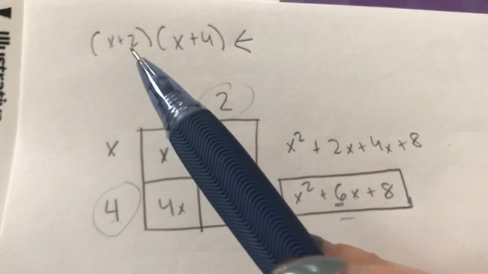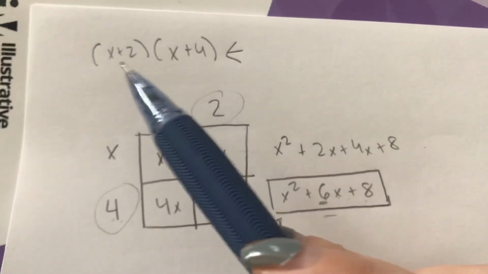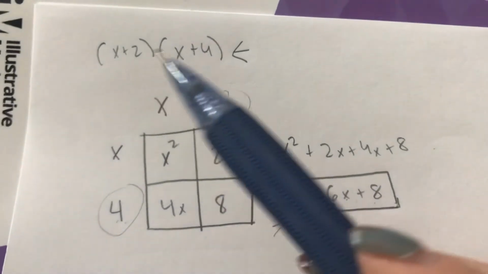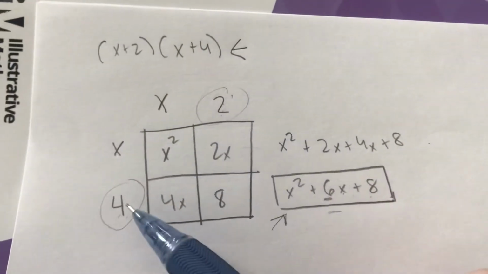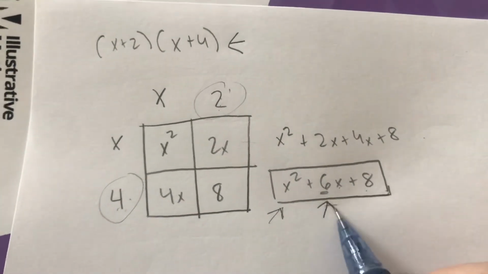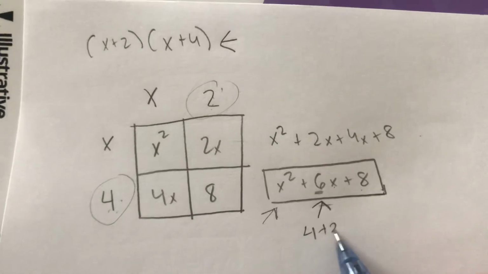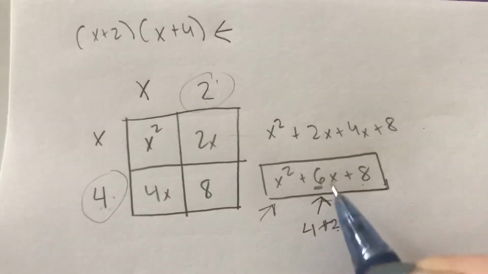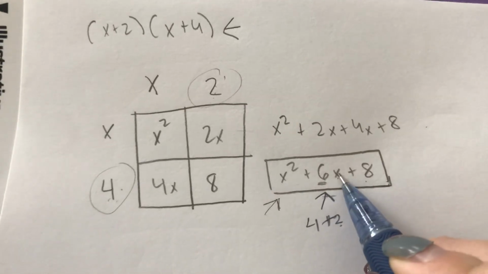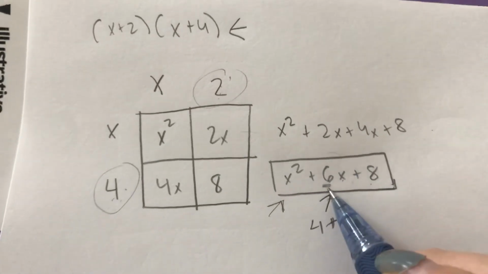So again, when I add the constant terms from my factored form, so +2 plus +4, I get my b term. So I'm going to show us that 4 plus 2 gives us my coefficient, which means the number in front of my x, and this is my b term in standard form.